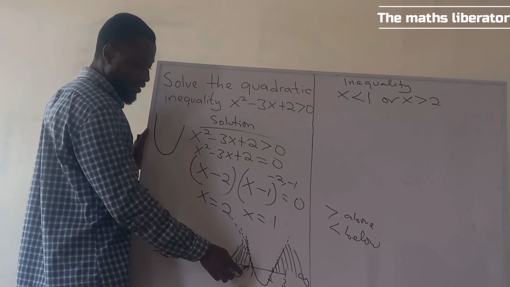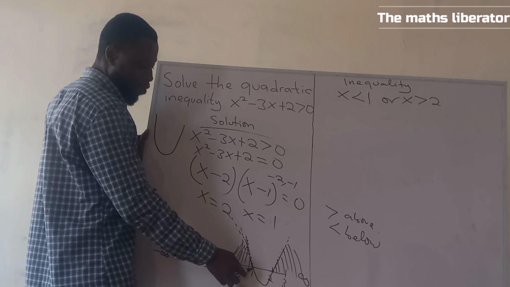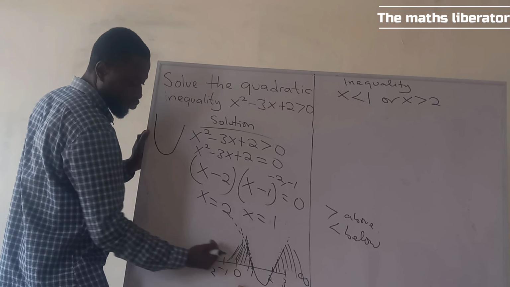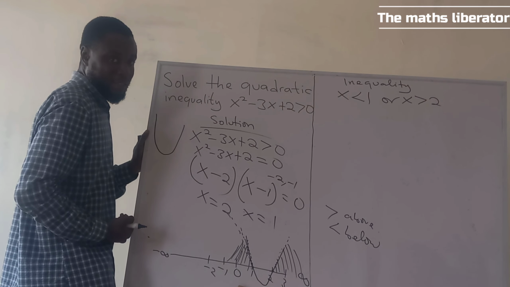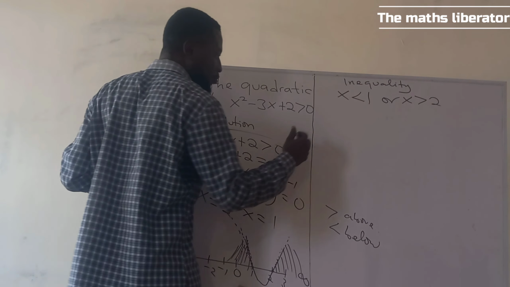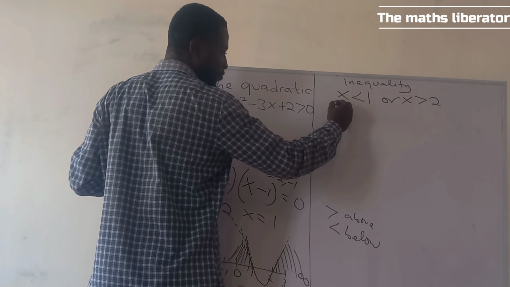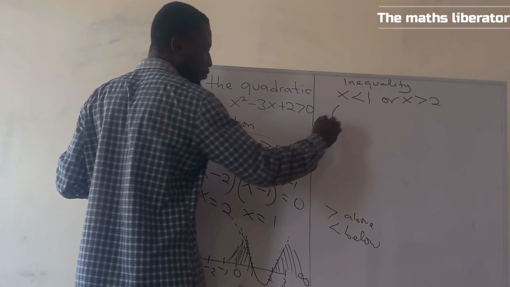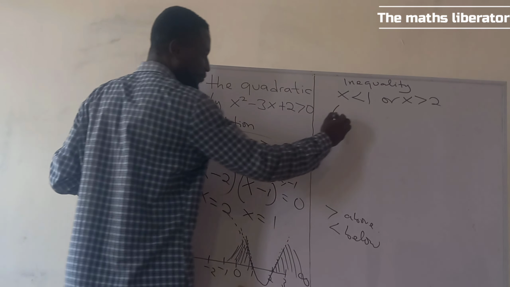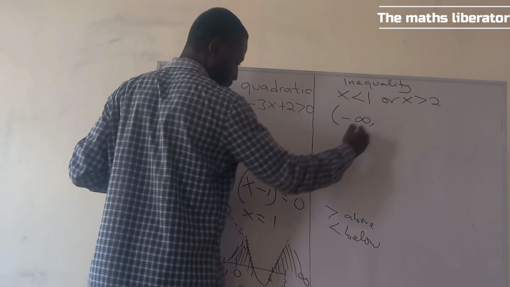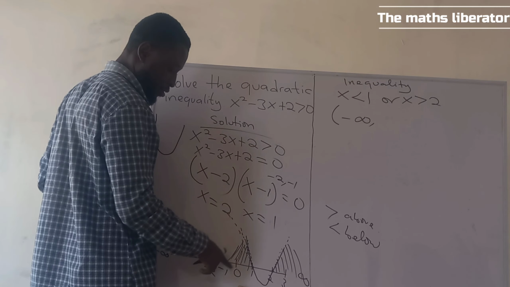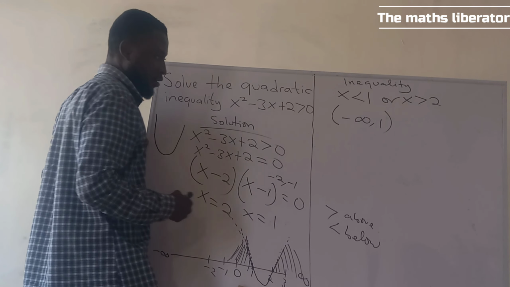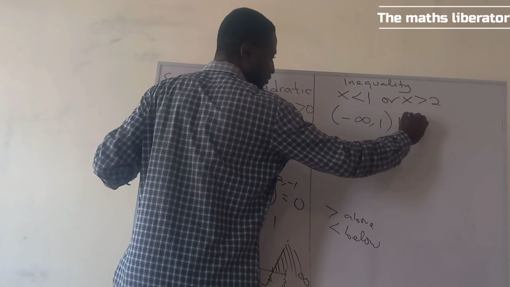Looking at this, from negative infinity to 1, so you bring your parentheses, negative infinity, then 1. Then you bring your union sign.